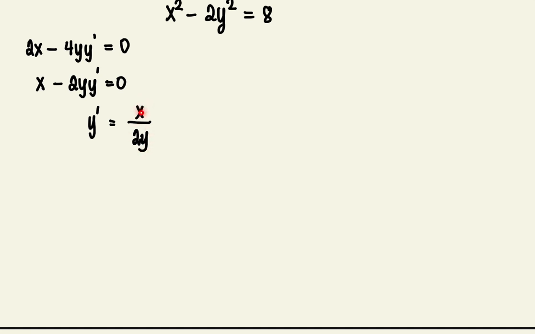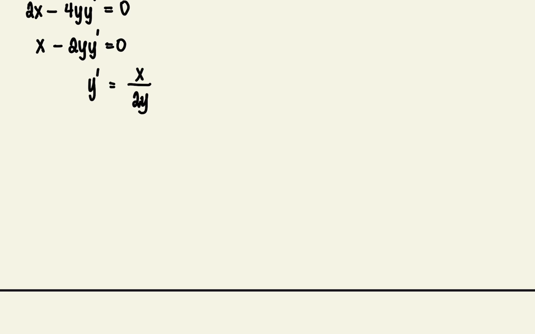And here, because we have a quotient of two functions, we're going to use the quotient rule. So y double prime is equal to, you have the option here to copy the constant because 2 here is just a constant, so you can actually just write this as 1/2 times x over y so that you don't need to include 2 in the quotient rule.